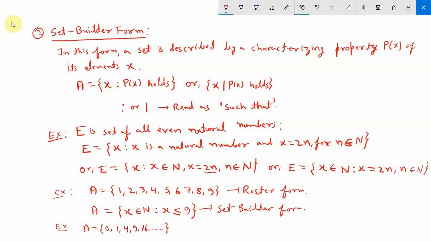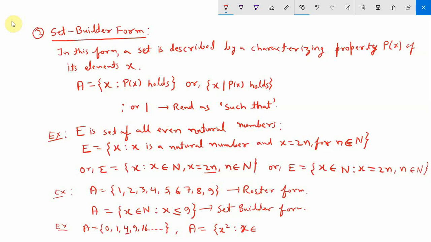Now 0, 1, 4, 9, 16 in set builder form we can write as A equal to x squared such that x is an element of, see this, either it can be minus 2 or plus 2.